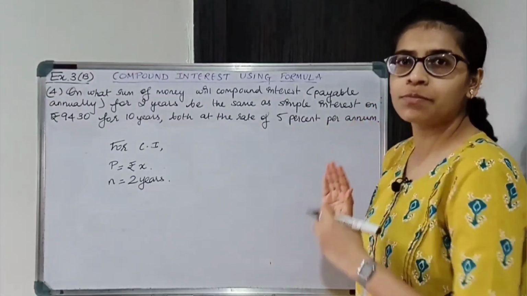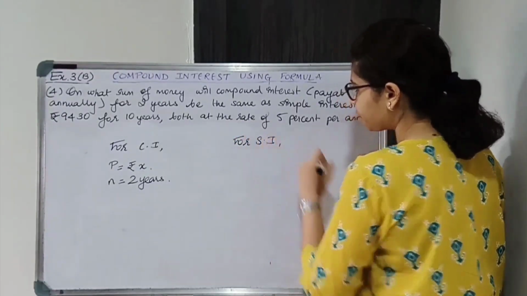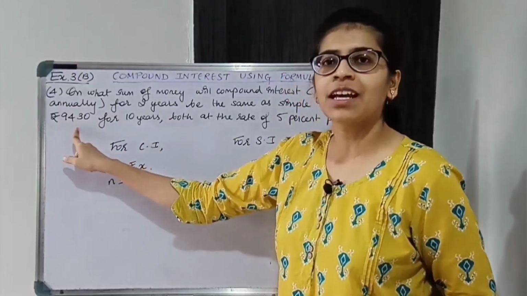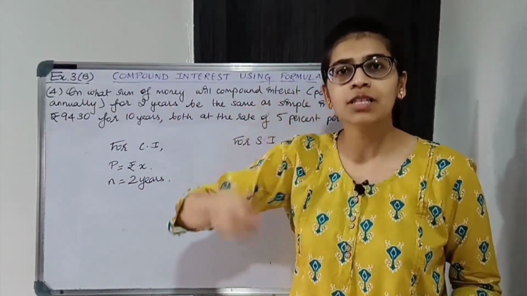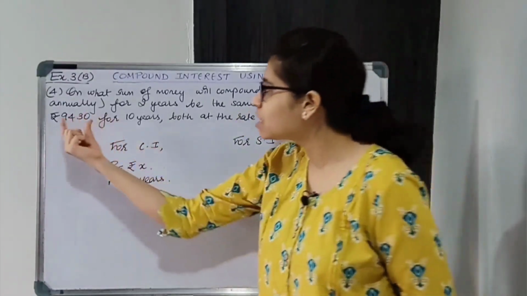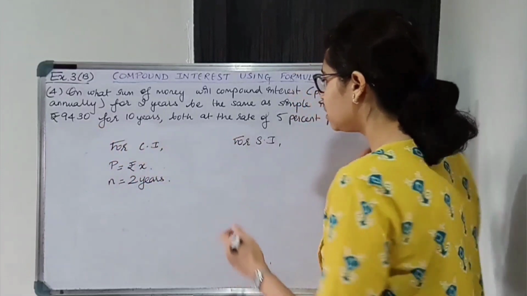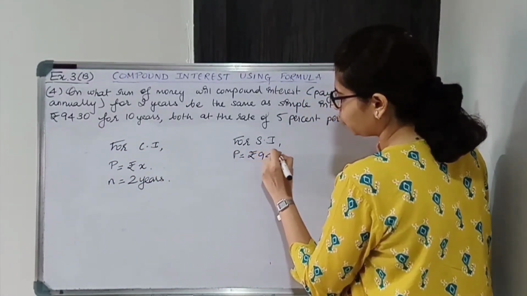Now coming to simple interest. For simple interest on rupees 9430, you calculate simple interest on the sum of money, that is principal. So this is the principal for simple interest, 9430.